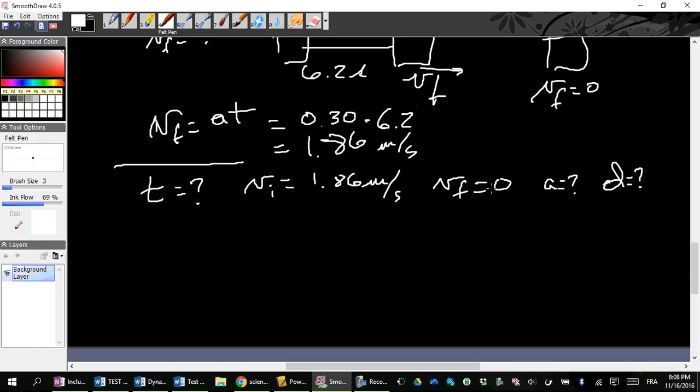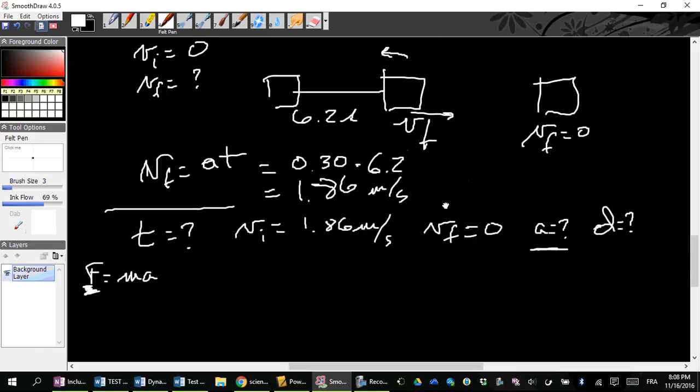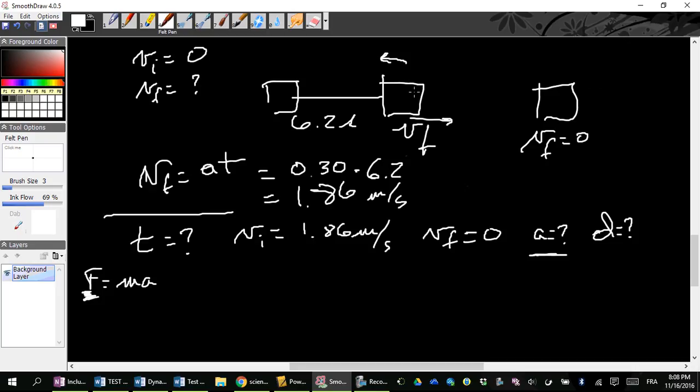Right. So we'll be able to find A using F equals MA. So this is what we're going to go after. How are we going to find force? Because what's acting from here to here is an FF. That's the only thing accelerating it negatively. So I need to use my formula. So mu is FF over FN.